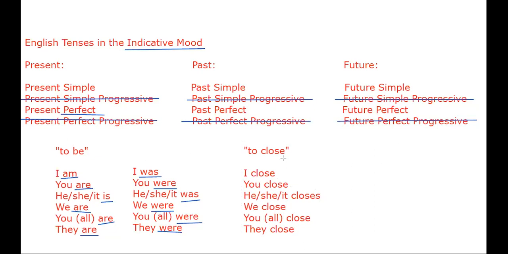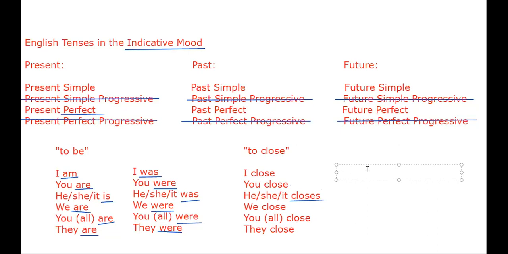And again, we have a special case here where only this form changes for he, she, and it. So don't forget that ending, because if you mess up that ending, that will make you sound non-native.